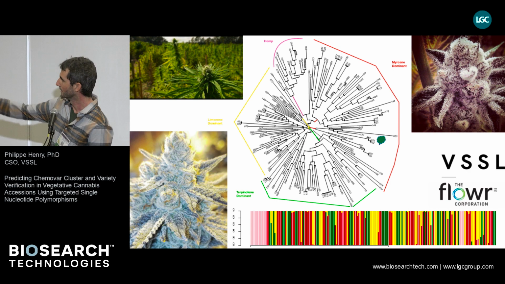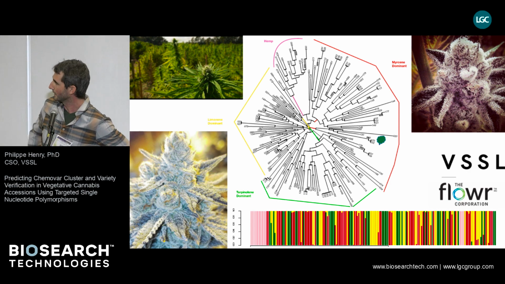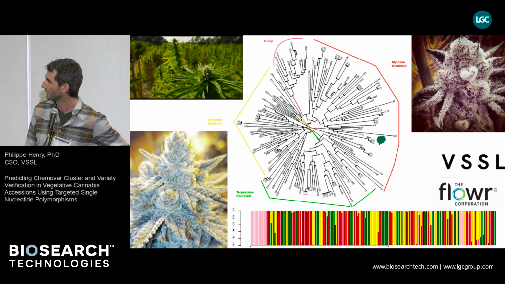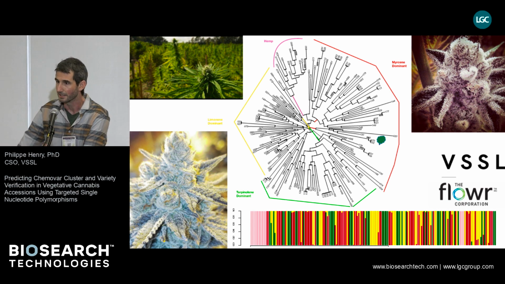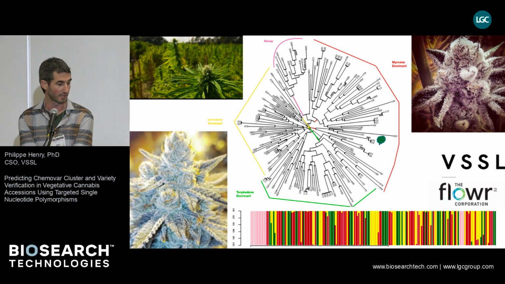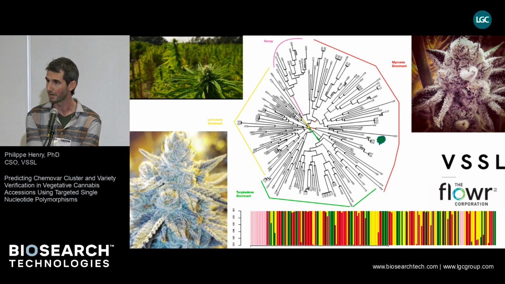You see a little green cloud there, and that refers to a variety that clusters with the myrcene dominant varieties, but actually has alpha pinene as its main terpene. And again, this was something that was confirmed in New Mexico, where pinene and myrcene are always found associated with each other.